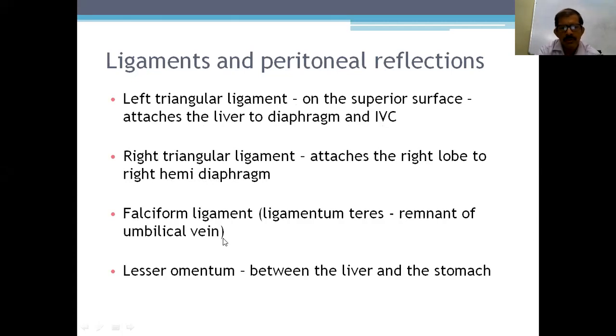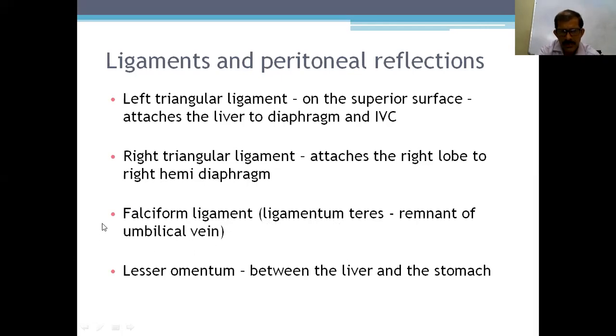Then all of you know about the falciform ligament. That is also called ligamentum teres. Actually, ligamentum teres is a part of the falciform ligament. And what is this ligamentum teres? It is the remnant of the umbilical vein. During in utero life, the blood supply is mainly by the umbilical artery and the drainage is by the umbilical vein.